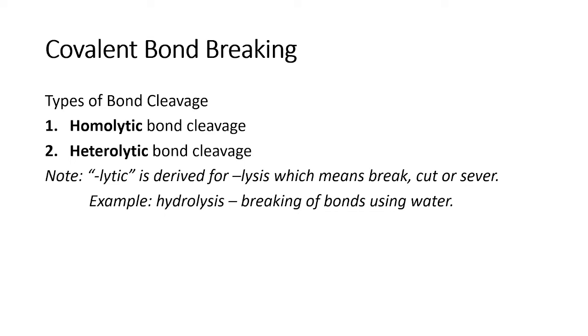From their names themselves, homo means one, hetero means different, and lytic is derived from lysis, which means breaking, cutting, or severing. An example of lysis is hydrolysis, the breaking of bonds using water.